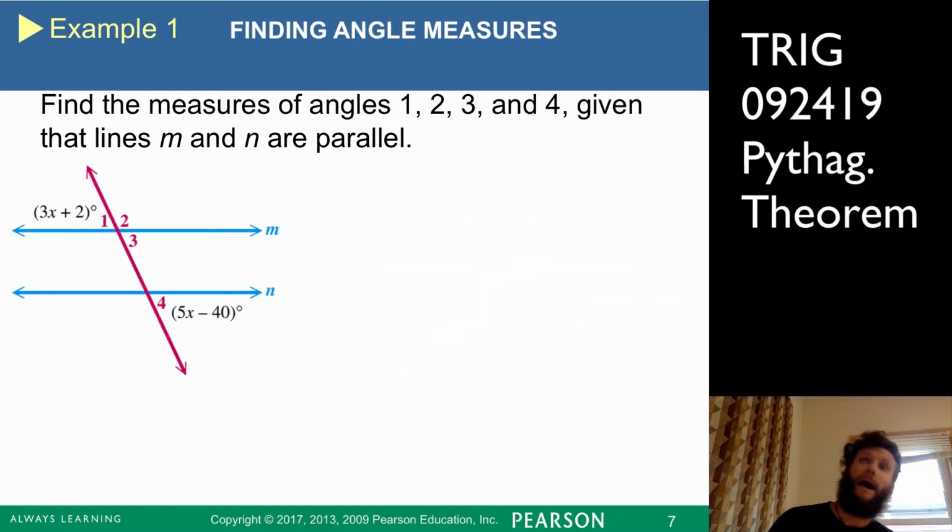Yeah. Well, what is true here? What do we know? So we're trying to look for x, right? To solve for an unknown, it's nice to have an equation, right? How can we set up an equation with what we're looking at here?